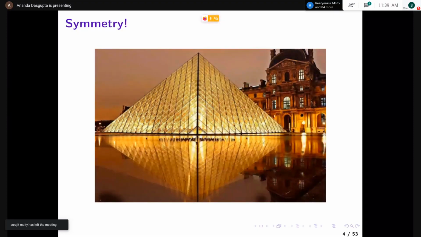This, of course, is a glass pyramid, which is in front of the Louvre Museum, which many people consider to be a marvel of modern architectural engineering and so on, and many others consider to be an eyesore, which should not be there. But be that as it may, it's an extremely symmetric building, and you can again see many symmetric aspects of this thing.